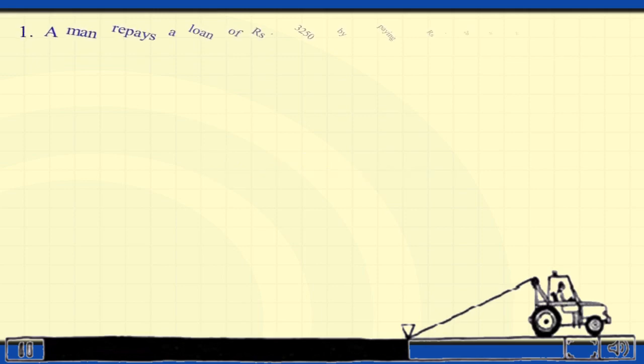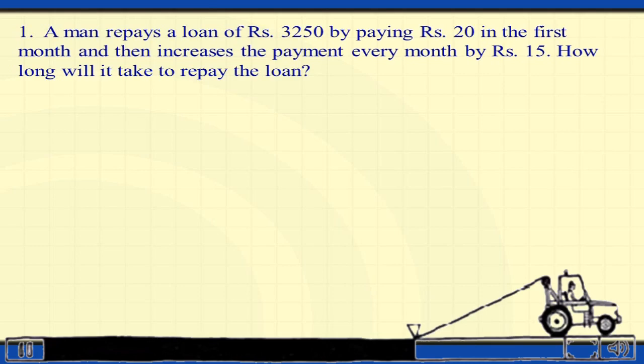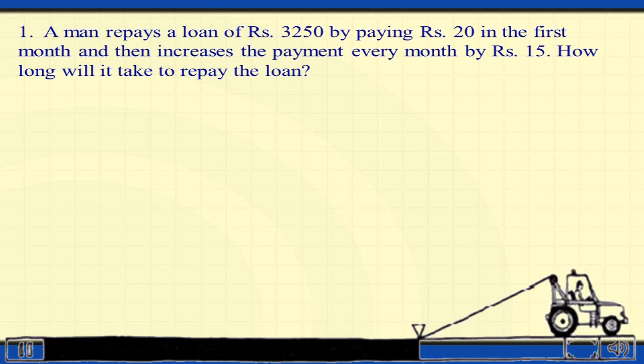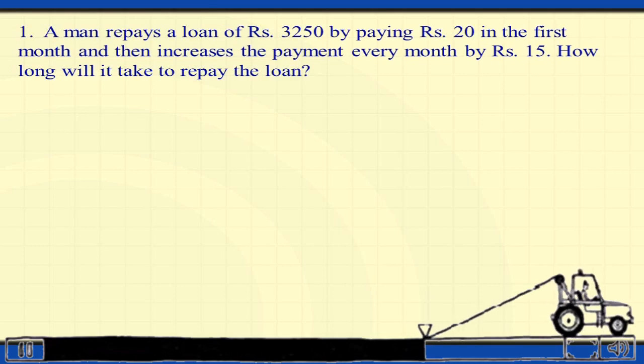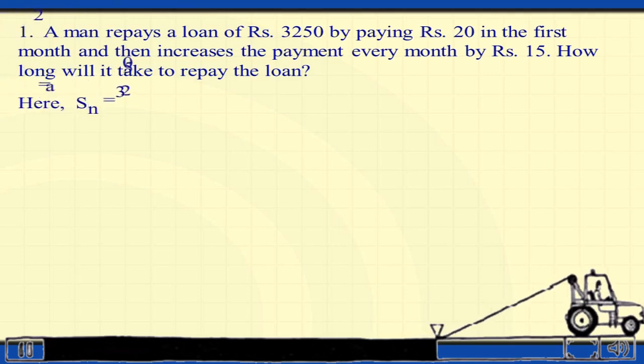A man repays a loan of rupees 3,250 by paying rupees 20 in the first month, and then increases the payment every month by rupees 15. How long will it take to repay the loan? Here, Sn equals 3,250, a equals 20, d equals 15.